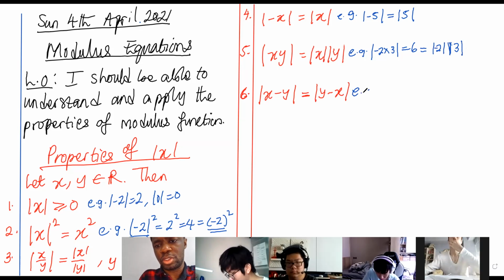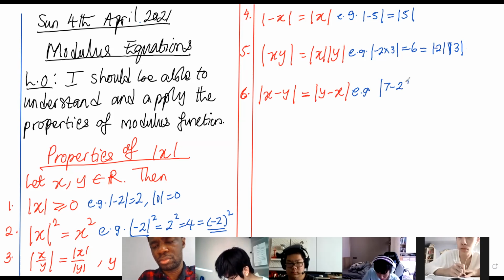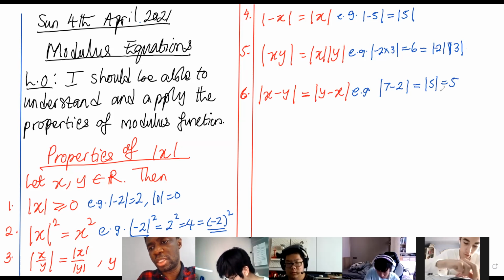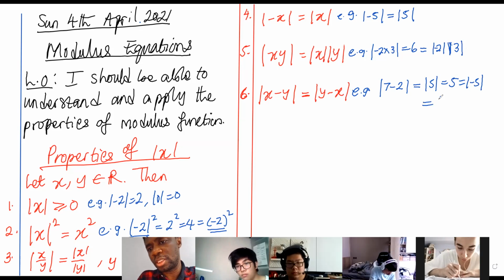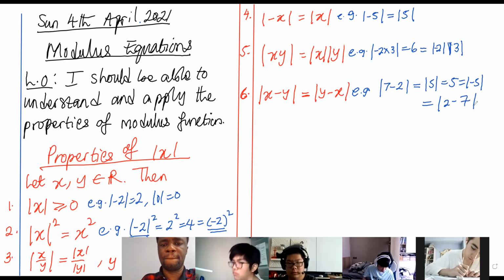And finally, what this is trying to say is that the absolute value of 7 minus 2, which is the absolute value of 5, which is 5, is actually the same as the absolute value of -5, which is the same as the absolute value of 2 minus 7. So the order does not matter.